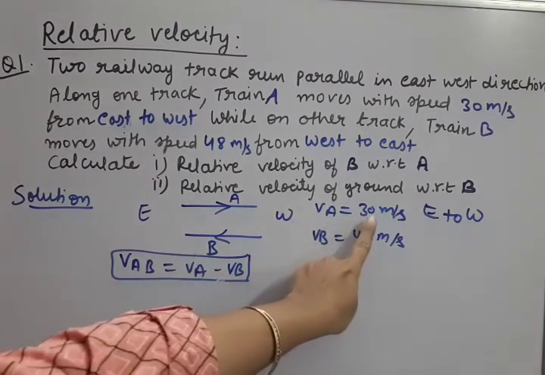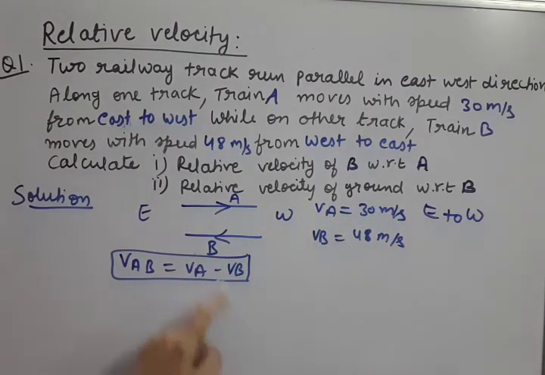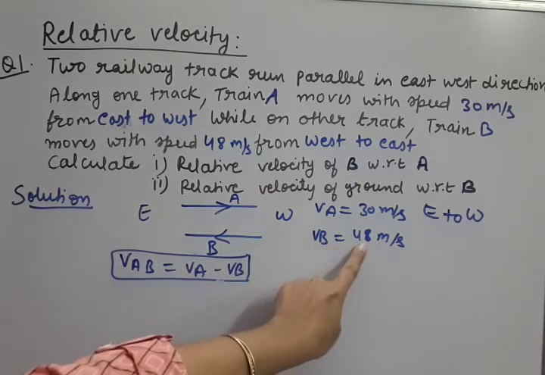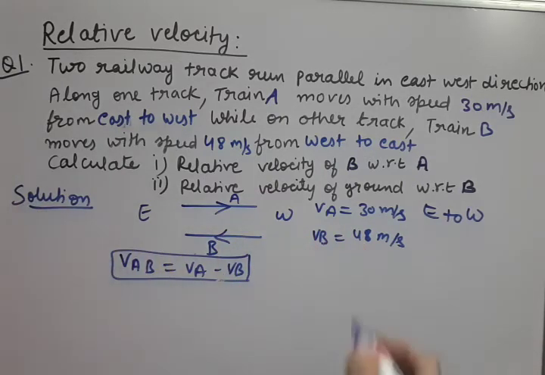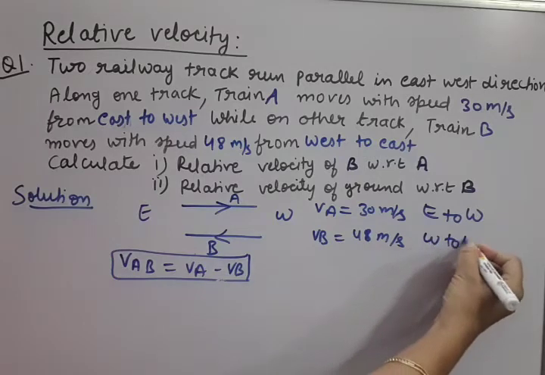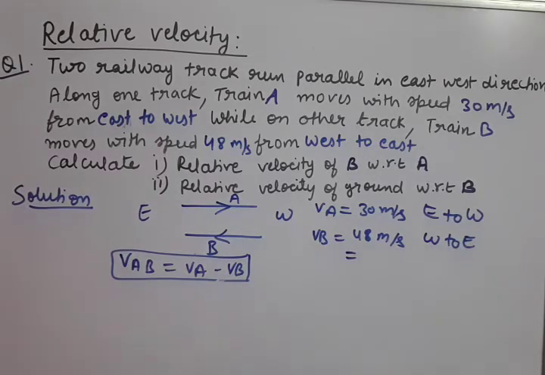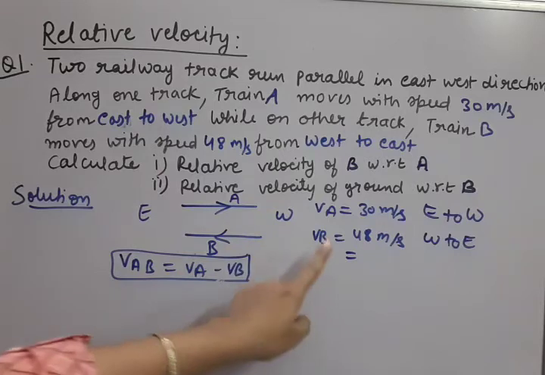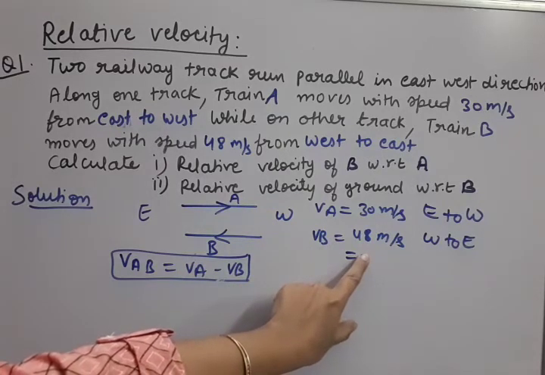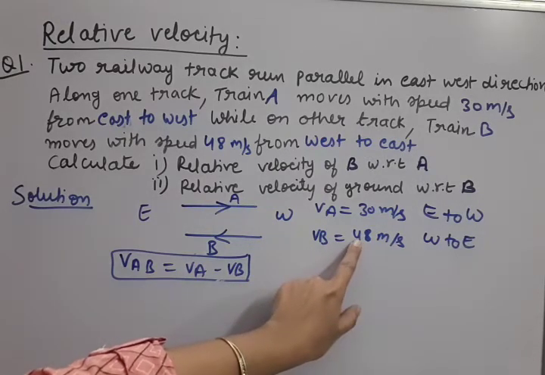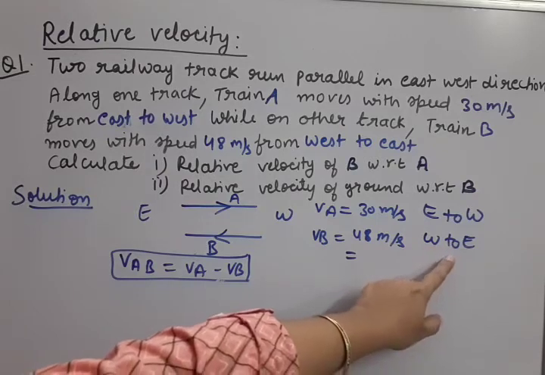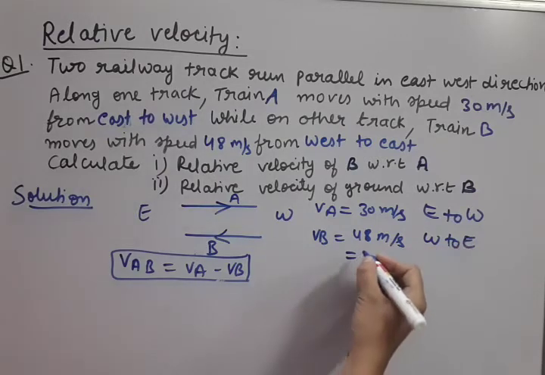Train A's speed is 30 from east to west. Train B's speed is 48 from west to east. But we also have to make it in the same direction by putting a minus sign. If any speed is 48 from west to east, that means from east to west it will be minus 48.